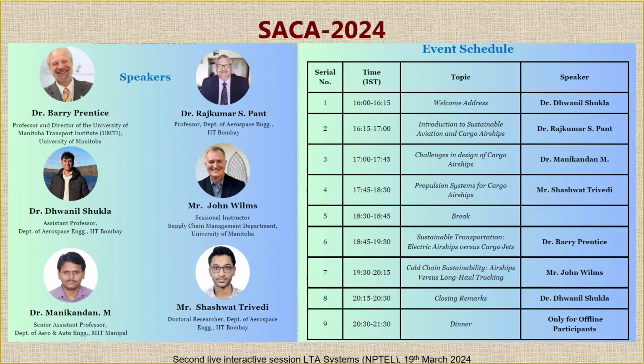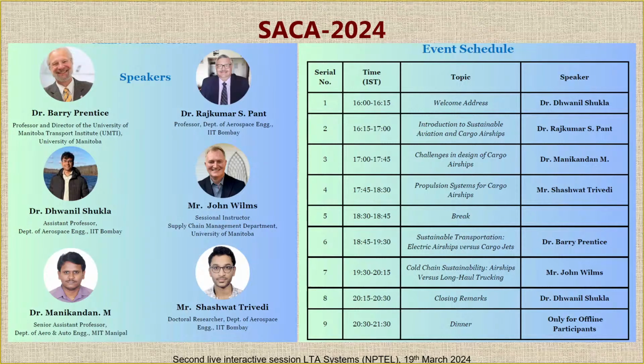The event will start at 4 o'clock with a welcome address, maybe a few minutes early, and we will also invite the lady who heads the Shastri Institute, Dr. Prachi Kaul, to talk about the Shastri Institute.